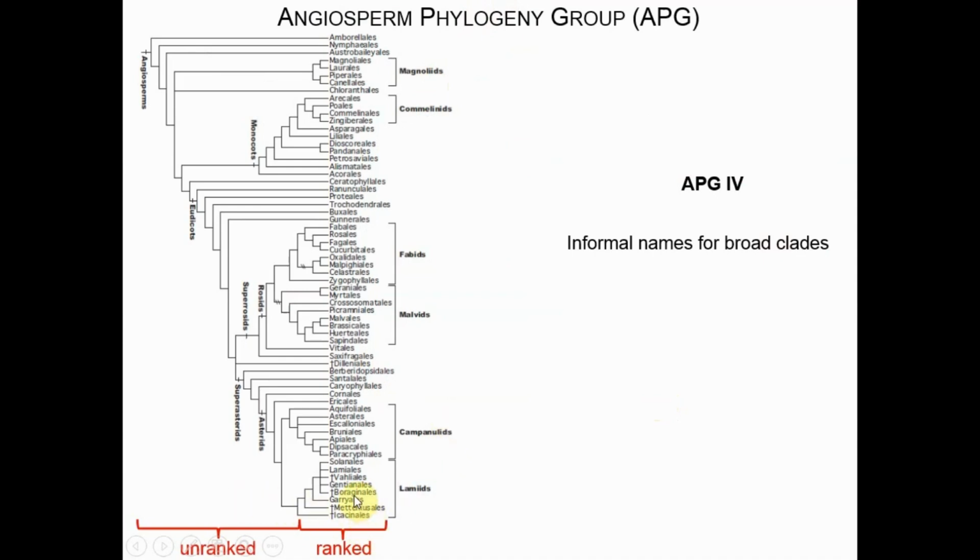As I said, we have the orders that contain a bunch of families, but above these we have an informal taxonomy. So monocots, for example, magnoliids, commelinids, that is recognized or used at higher levels. So we have ranking here up to the level of order, and then unranked above the level of order.